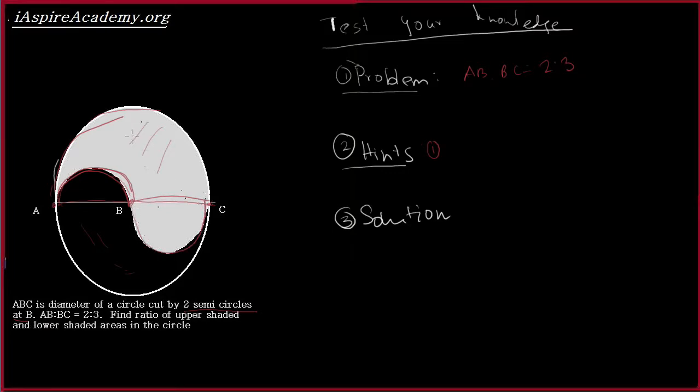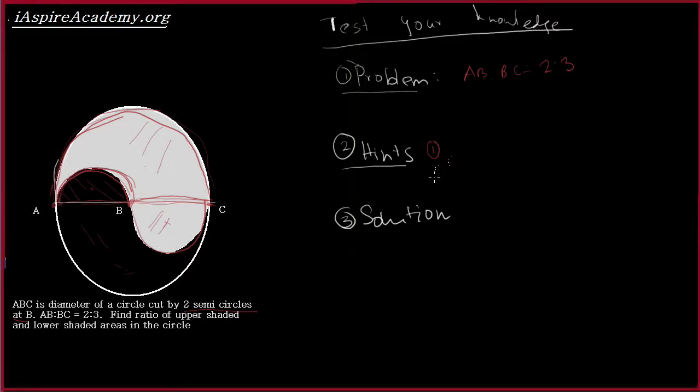Now try to express these 2 areas in terms of the big semicircle and a combination of the lower semicircles. Express the white shaded part as a combination of this semicircle, this semicircle and this semicircle.